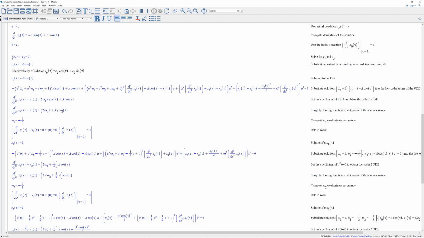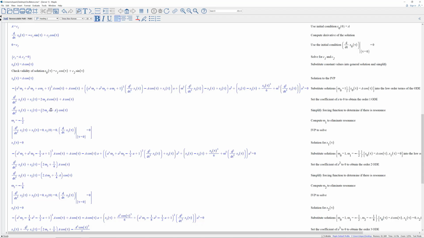And here's the difference between what Maple does and the way I did it. Maple looks at this differential equation and says the driving term containing this cosine is going to generate a secular term, because it knows that here you're going to get a sine and a cosine, and this is going to give you a tau cosine.